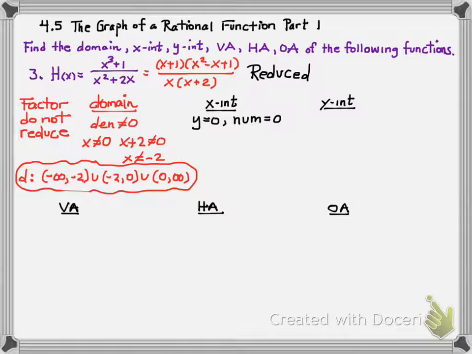So the numerator, x cubed plus 1, set equal to 0, which means x cubed equals negative 1. The only thing you can cube to get negative 1 is negative 1. So our x-intercept is negative 1, 0.